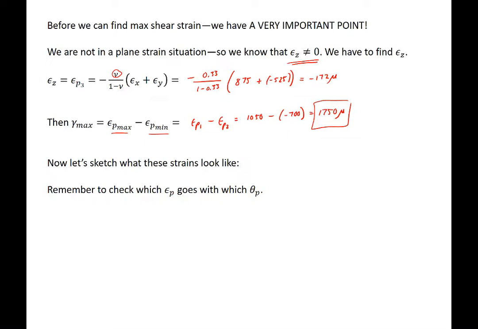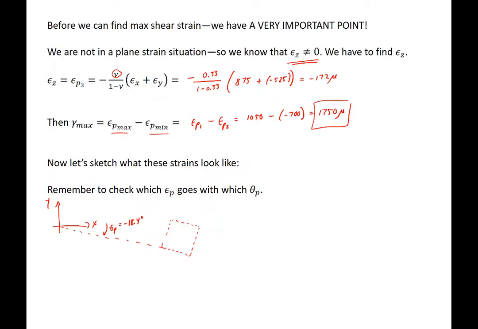Now what we want to do is sketch what these strains look like, and we can sketch that like we've done before. We know that theta p is negative 18.4, so we'll draw a little negative angle down here. Theta p is negative 18.4 degrees, and we'll draw a dashed box as the starting shape of our strain element.